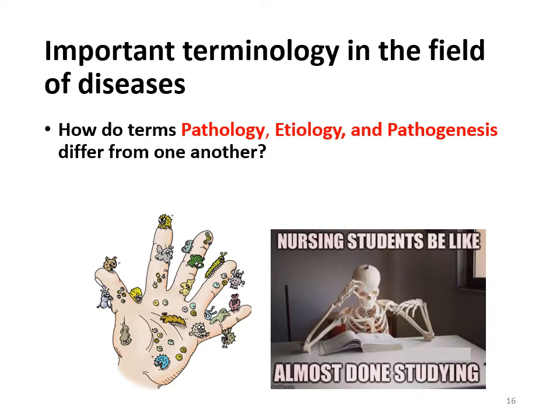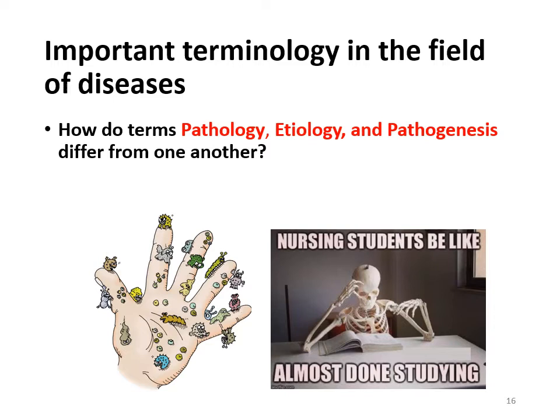The first one is pathology, and as you can see from the beginning of the word patho, this one is dealing with pathogens. Specifically, pathology means the study of disease. The second word here, etiology, now we're looking at the cause of a disease. So for instance, trying to identify the exact bacteria that causes a particular infection.